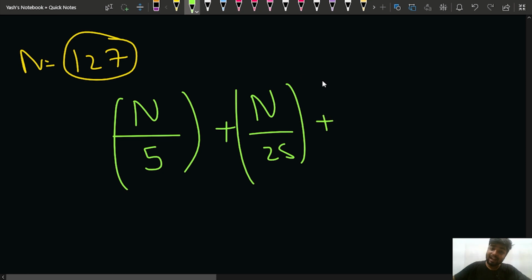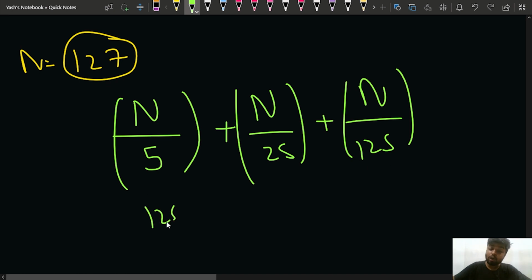Plus I have to divide n by 125 as well, because 125 will contribute not 1 five, not 2 fives, but a third 5. The number 125 itself will contribute 3 trailing zeros, because one I have counted using 5, another using 25, and another I have to count using 125. So that's why this total part will be this, right?